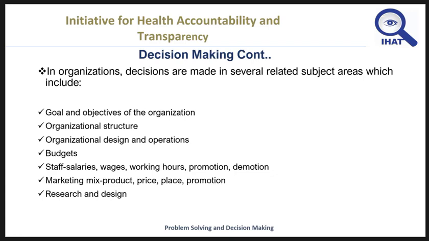In organizations, decisions are made in several related subject areas, which include the goal and objectives of the organization, organizational structure, its design and operations, budgets, staff salaries, wages, working hours, issues on promotion and demotion, marketing mix, products, and even research and design within the organization. These all need the decision-making process.